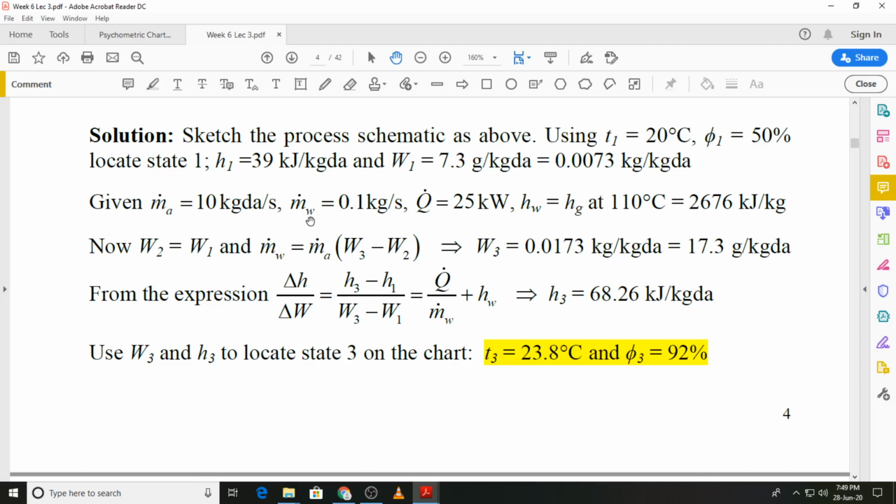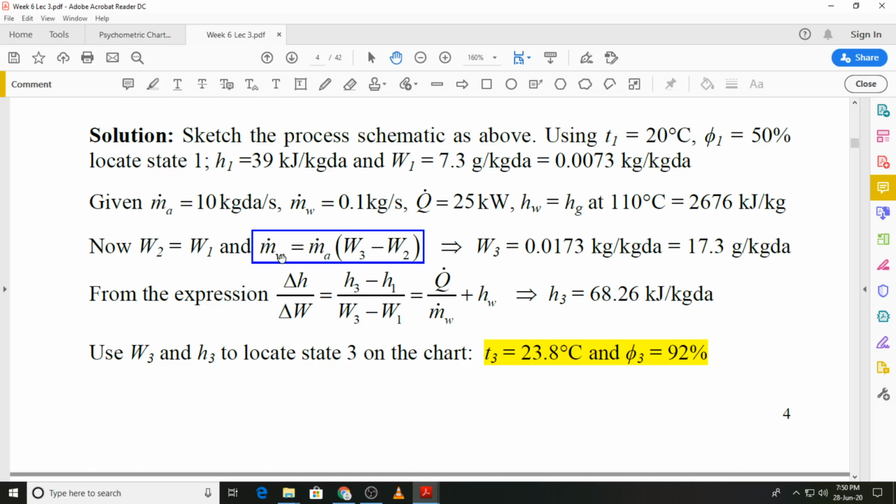The mass balance for water vapor is m dot w equals m dot a into (W3 minus W2), and remember W2 is the same as W1 because from 1 to 2 we have a sensible heating process during which the humidity ratio remains constant.